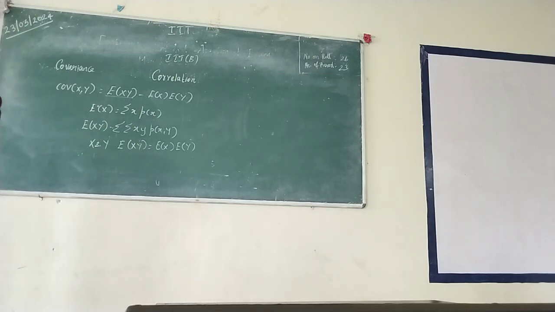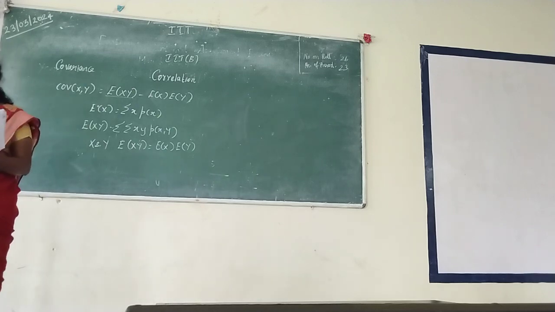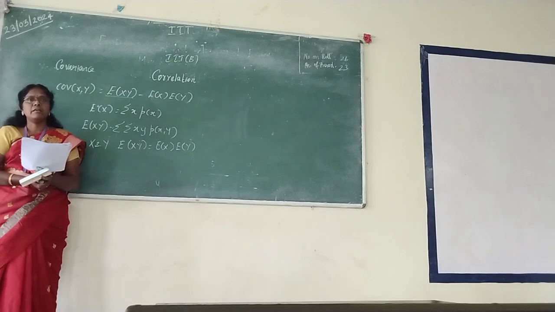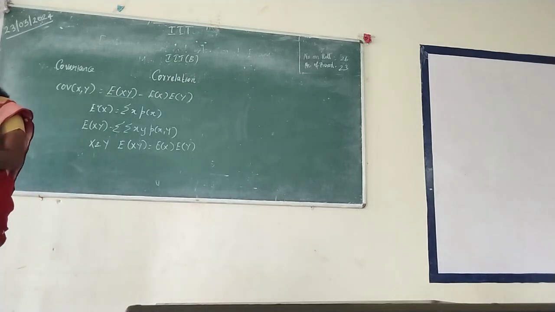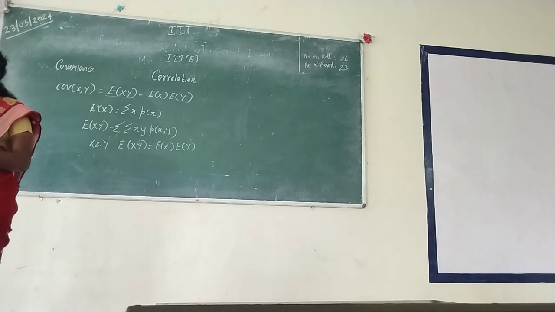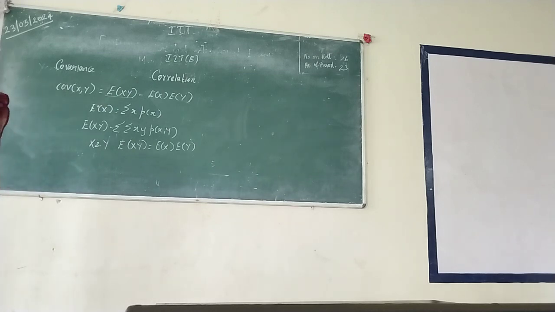The measure of correlation is called the correlation coefficient or correlation index.